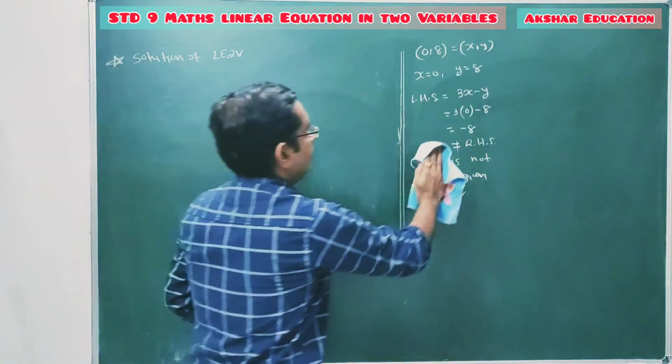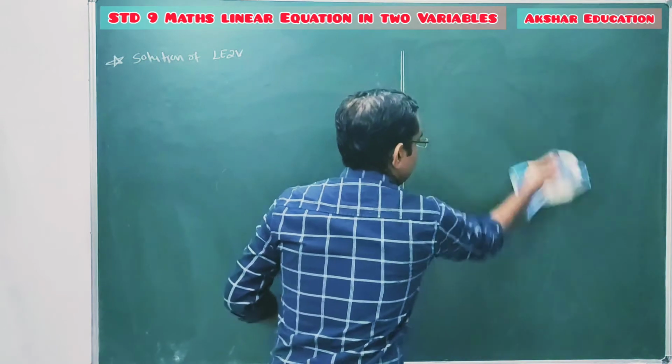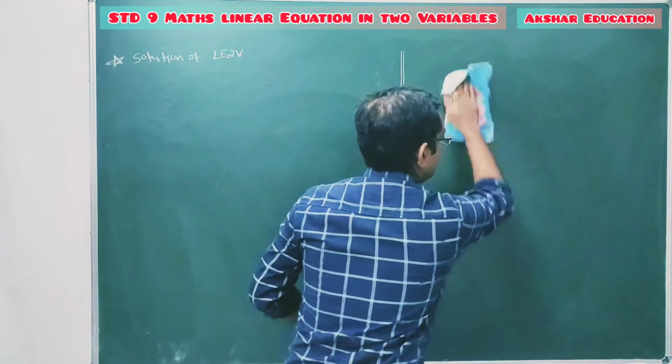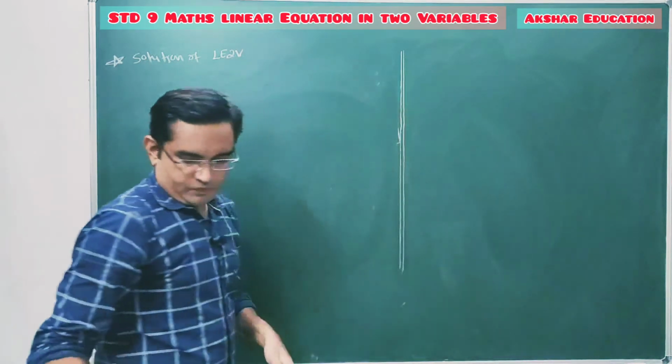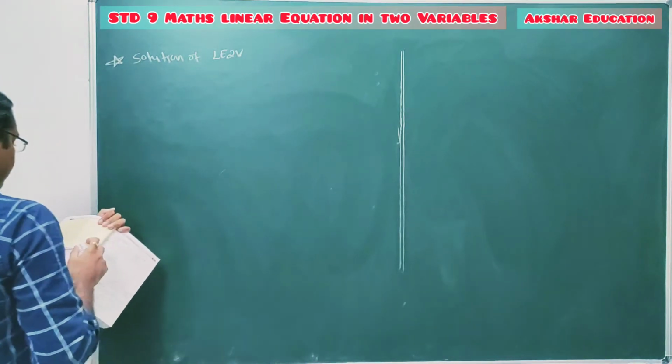In this sum we are already given one ordered pair which is the solution of the given linear equation, and in that linear equation we are given one unknown. So you have to find the value of that unknown.